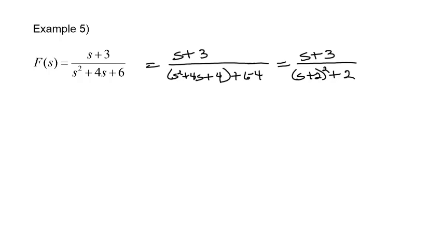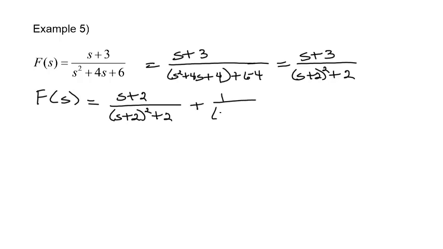So I'm going to still work on the rewrite. Okay, we're going to go one more step. I'm going to take the s plus 2 over the denominator that I need and separate out the extra plus 1 over the same denominator.